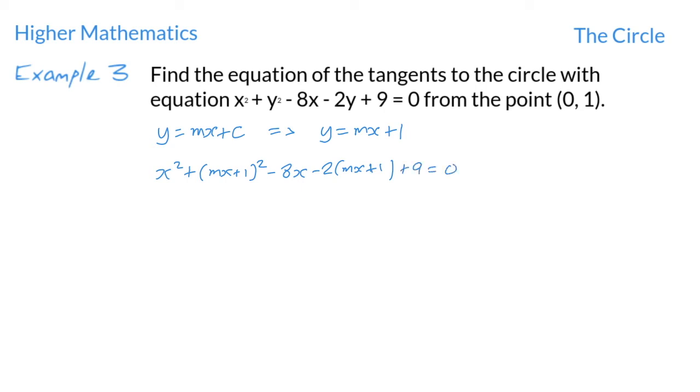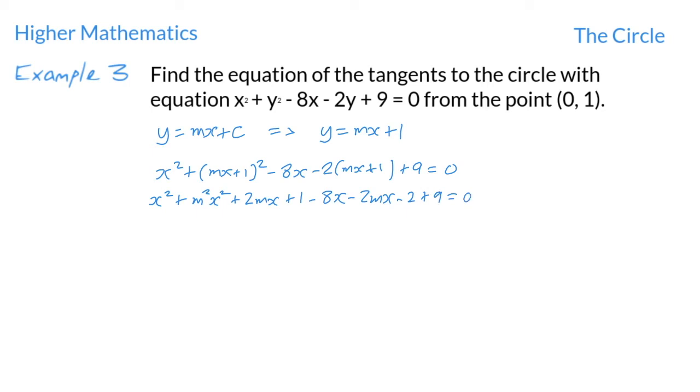So you can see that having substituted the values in, we can now break the brackets. Here we're going to have m squared x squared plus 2 lots of mx plus 1, take away 8x, take away 2mx, take away 2, and plus 9 equals 0.